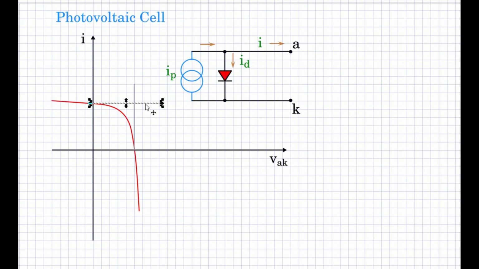The constant current line gives an idea of the slope of the constant current portion, and therefore it implies the existence of a shunt resistance, a high value of shunt resistance across a constant current source. So we can include this non-ideality, a high value of shunt resistance across the constant current source, as shown here.